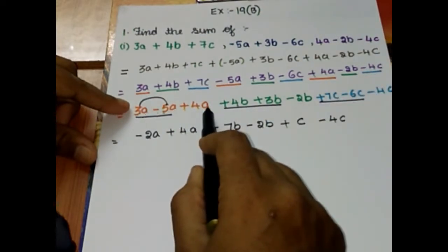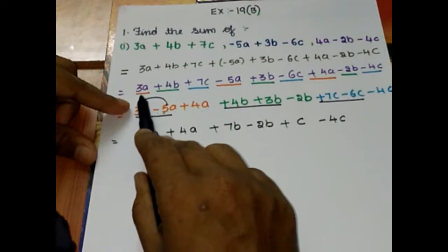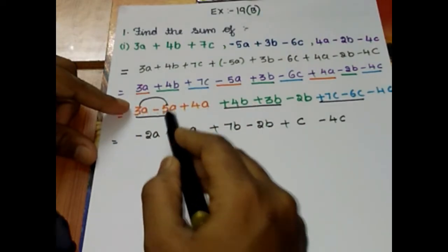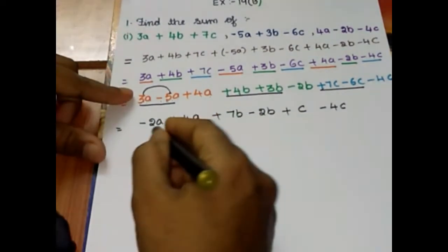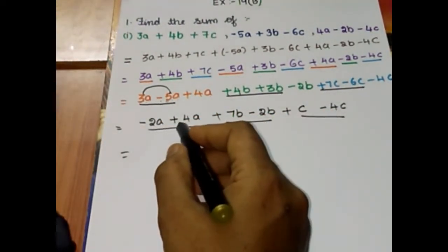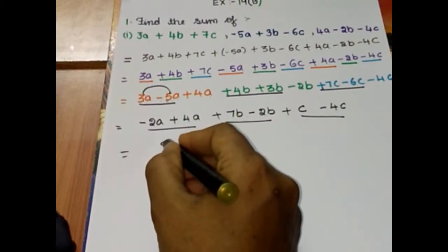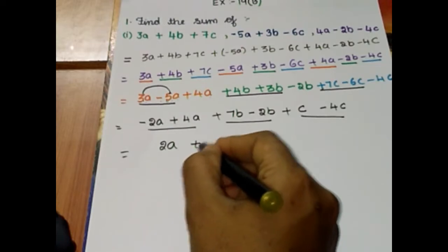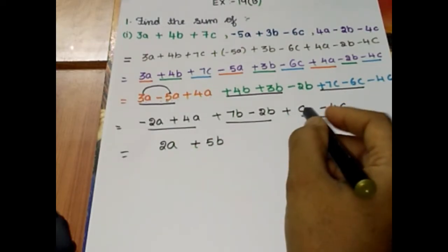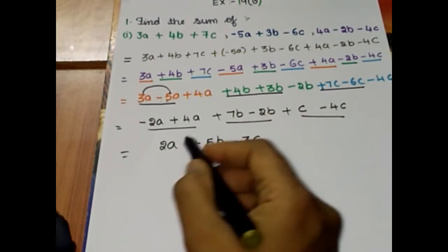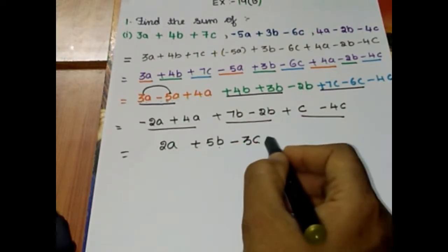As there were 3 terms and it was a little difficult to simplify directly, we took the first 2 terms and simplified. Let's simplify the remaining terms. That is, minus 2a plus 4a is 2a, plus 7b minus 2b is plus 5b, plus c minus 4c is minus 3c.